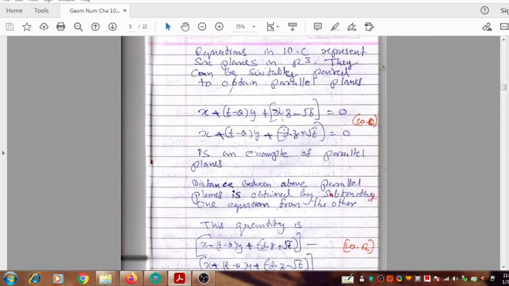If we have two parallel planes, then there is a perpendicular distance between them. The answer is very simple: if we subtract the equation of one plane from the equation of the other, the quantity we get must represent the distance between the two parallel planes.